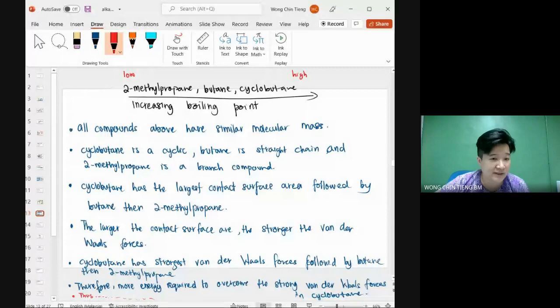We will learn more factors. This is the two most simple. I think 2 more factors, and it won't be different, but it will be only addition on top of what we have learned. This is the basic of boiling point. Molar mass is higher, van der Waals forces is higher. Kalau molar mass sama, kita tengok contact surface area.